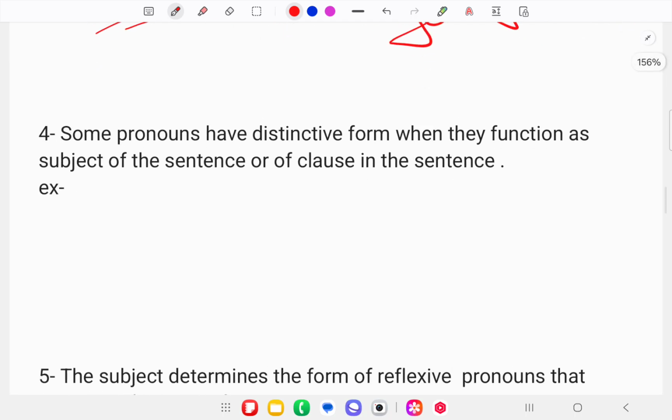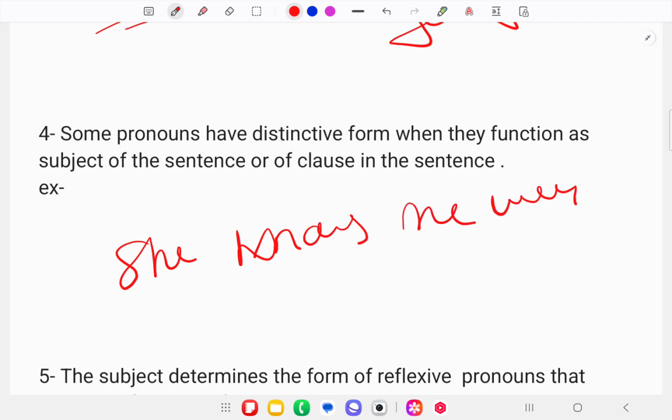Okay, so we can easily understand this with an example. If I say "she knows me well," suppose I am saying to a girl that she knows me well, then this will be the subject.